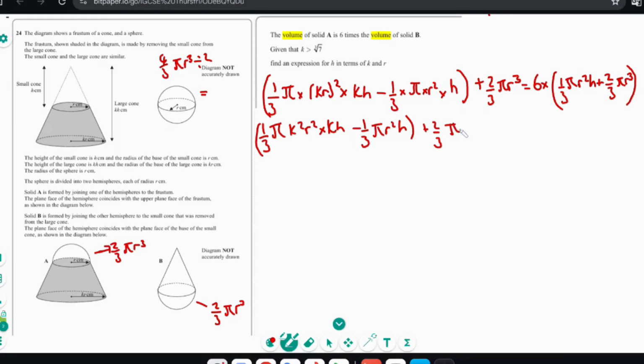I'm going to multiply out the brackets on the right hand side as well. 6 times 1/3 is 2. And 6 times 2/3 is 4. There's more simplifying that can be done here. k squared times k is k cubed.